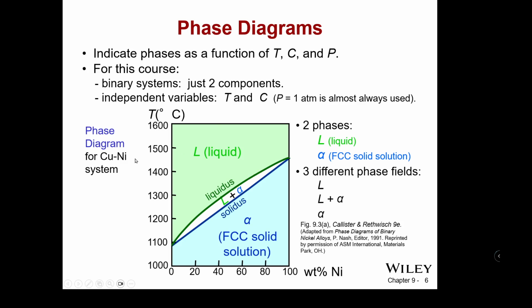That becomes very important, especially for casting of materials, and we'll come back to some of those concepts. But we start by understanding some fundamentals about the phase diagram. So this is a weight percent nickel. From 0 weight percent nickel to 100 weight percent nickel, we see two different melting points. So this is pure copper, this is pure nickel at this edge. Everything in between is a different ratio.